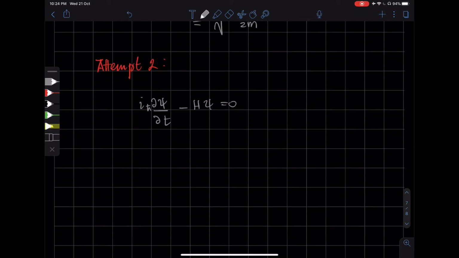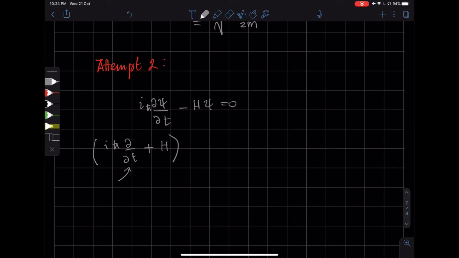So we can always apply to this equation i h bar d/dt plus H, assuming that the derivative operator with respect to time commutes with H, which it should, because H will have spatial partial derivatives.